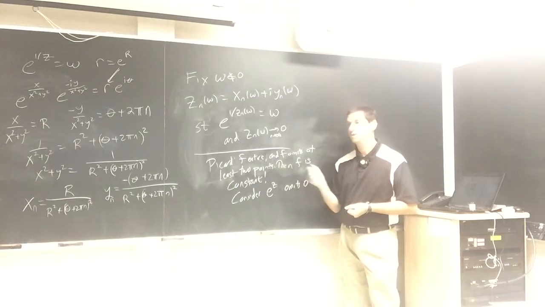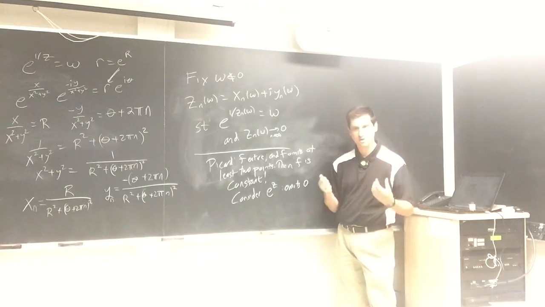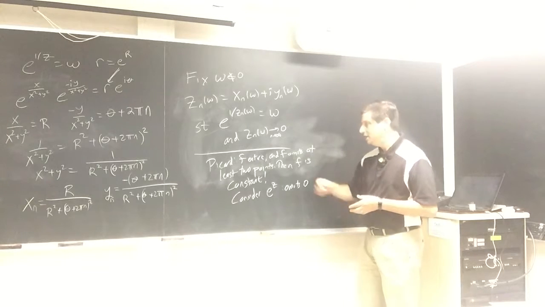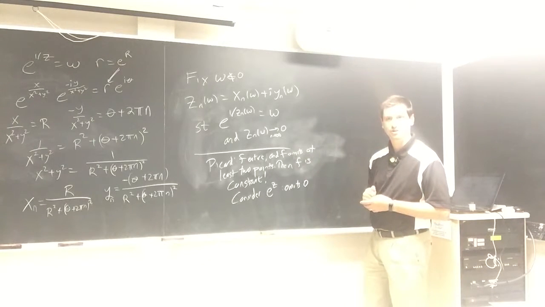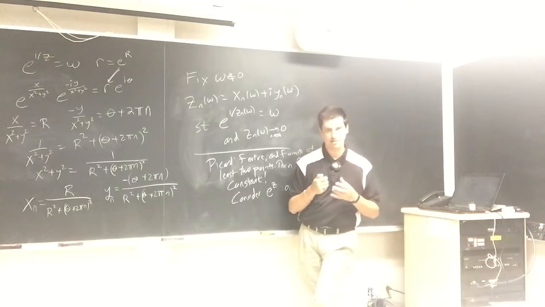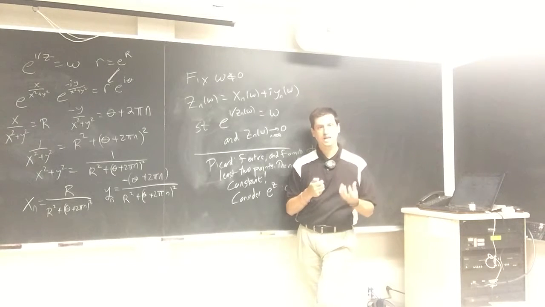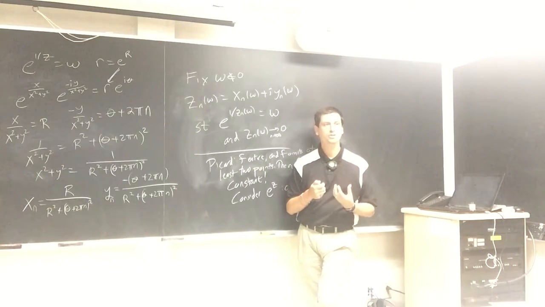Now, of course, that means you have to prove Picard's theorem, which is a big result. So it's a bit of work to prove that if you omit 2 points, you're constant. We will prove something a little bit weaker. We will prove that if you have an essential singularity, then you are dense in the neighborhood of that singularity.